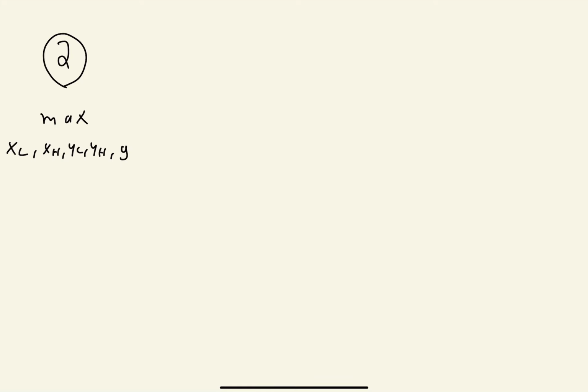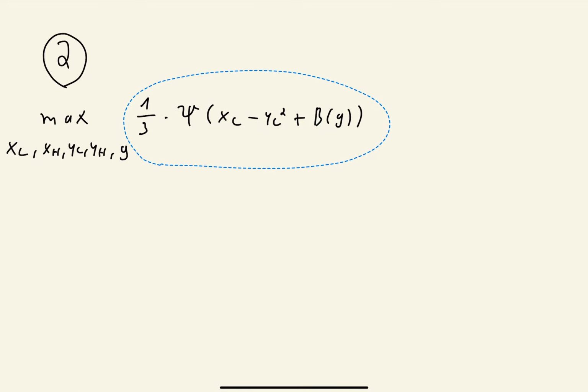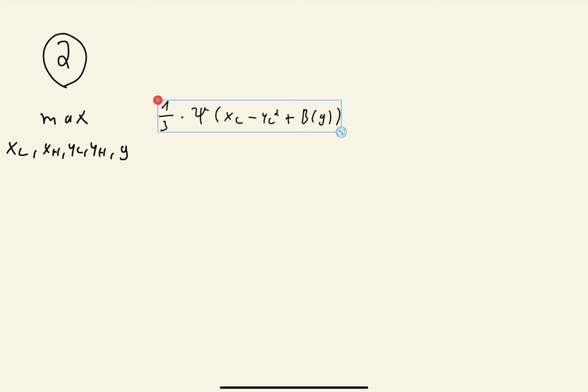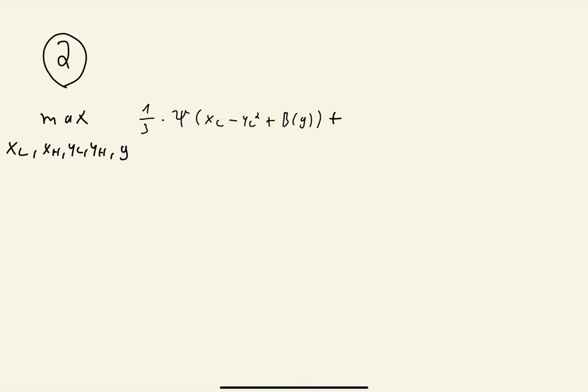And it's maximizing the following objective function: 1/3 times the welfare function at the indirect utility function, or the utility of the individuals which have a low type, plus 2/3 times the social welfare function evaluated at the utility of the high type.